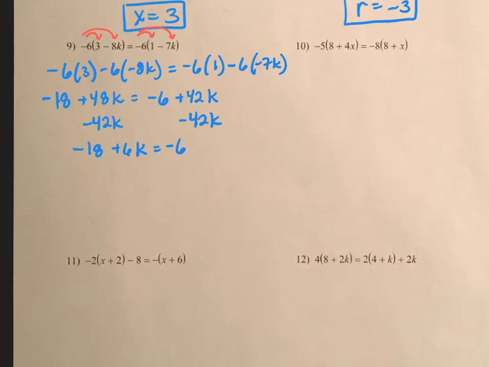So I do plus 18, plus 18. I'm left with 6k equals negative 6 plus 18 is a positive 12. Now I'll get rid of my coefficient by dividing by 6. Divide by 6. I've got k equals 12 divided by 6 is 2.